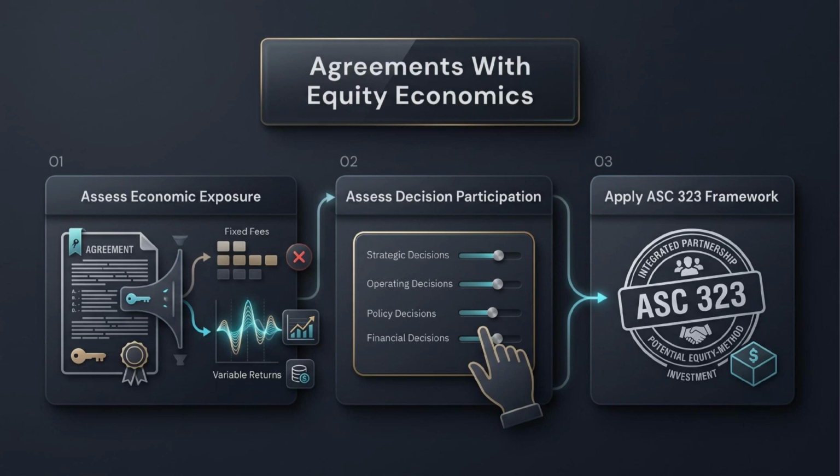Fixed fees alone usually do not create common stock-like economics. But if the contract gives exposure to gains, losses, residual value, and decision participation, then ASC 323 may need to be evaluated. Again, the document title is not the answer. The economics are the evidence.